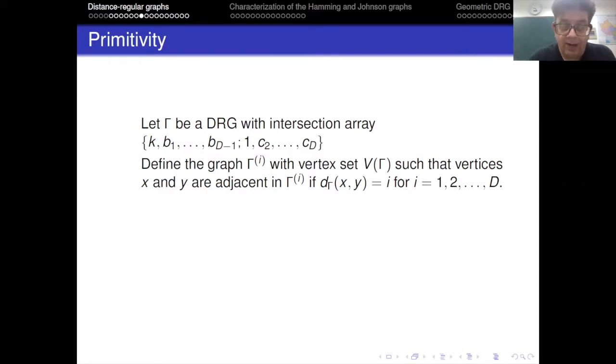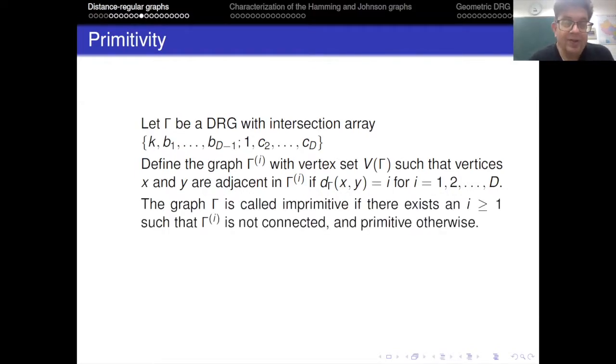Define the graph gamma_i with vertex set V(gamma) such that the vertices x, y are adjacent if the distance in gamma is i, and you can do that for i equal to 1, 2, 3 up to d. You can also do it for i equal to 0, but then you get a very boring graph.